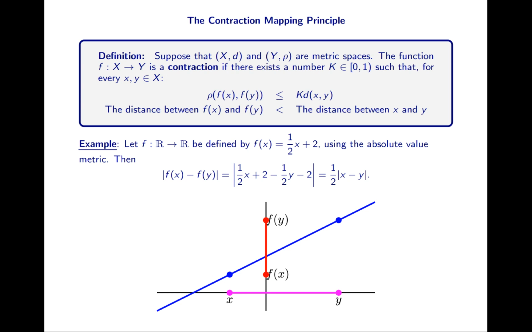Right? Visually, we can see that the red line is half the length of the magenta line. That magenta line, when mapped by f, got contracted. Right? It got squeezed to half the size. So f would be an example of a contraction.